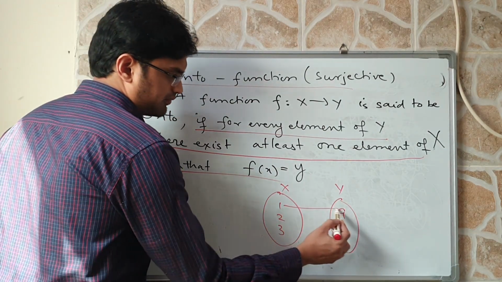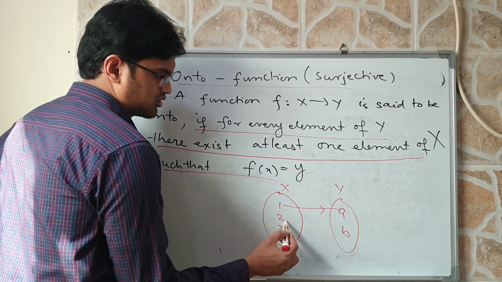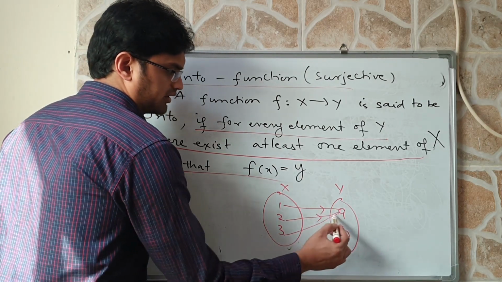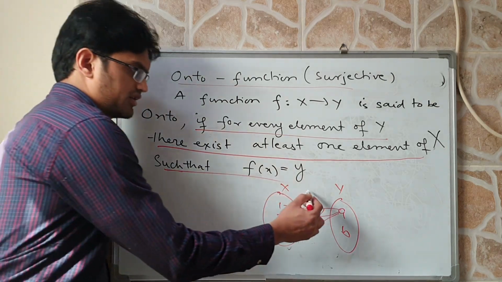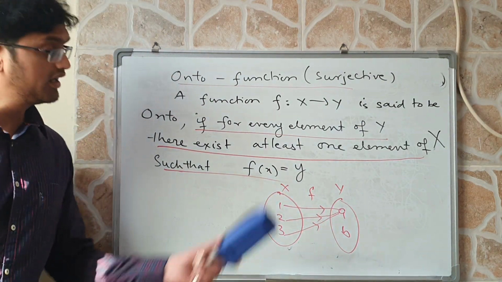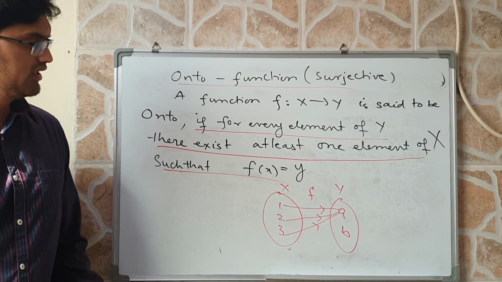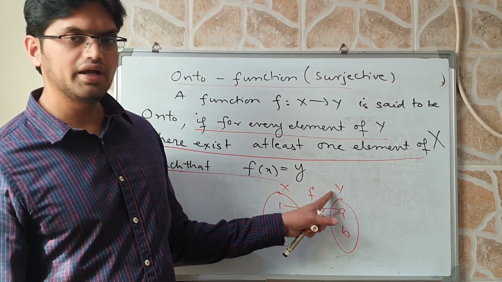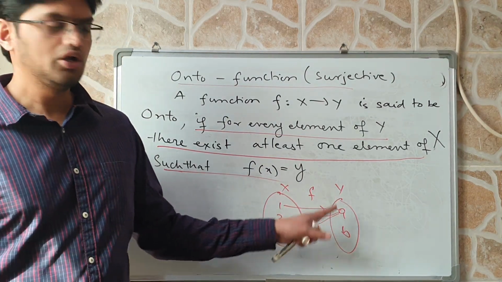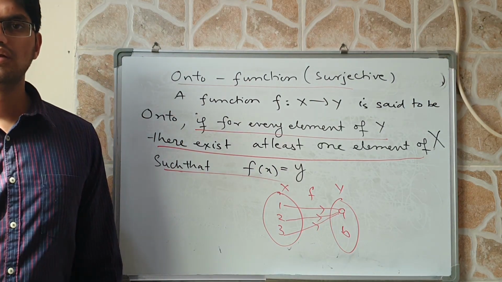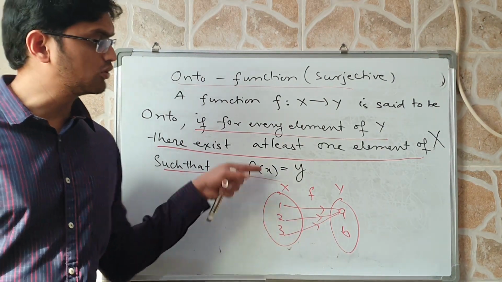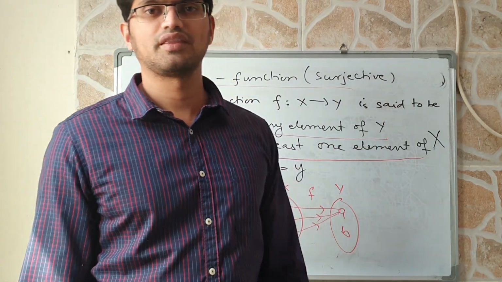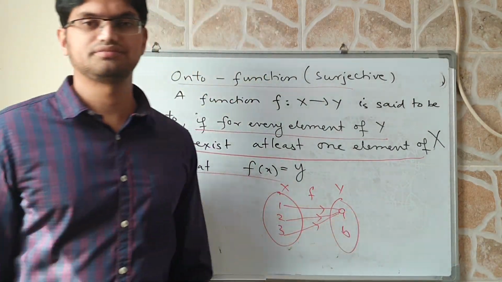Let us say I have mapped this 1 and 2, also 3 with A. First of all, it is a function. Now let me check whether it is onto or not. You see, in the set Y, you have B, where no element is being associated with B. So that is left out.